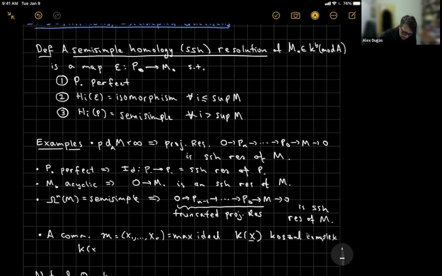So the natural map from the Koszul complex to A over M is an SSH resolution.